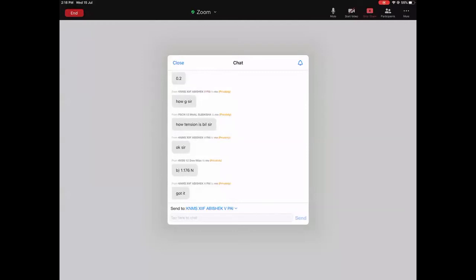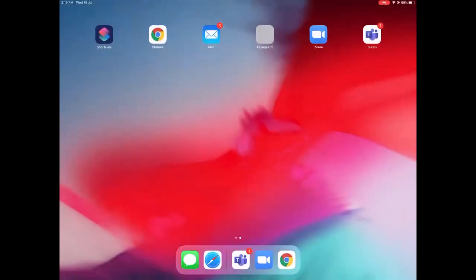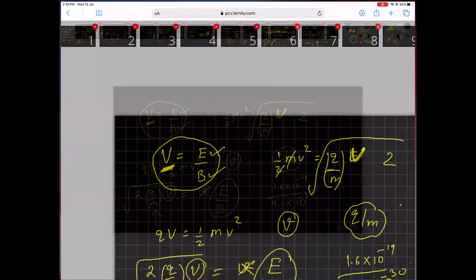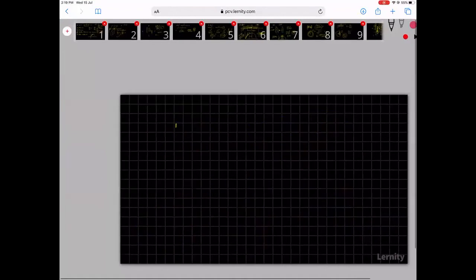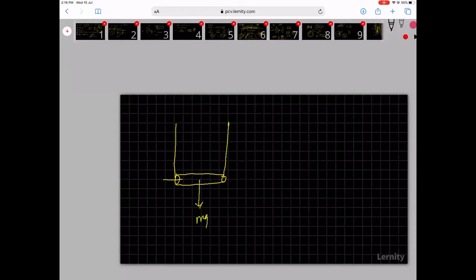Yeah, so Subiksha, did you get it? Now draw the diagram first. So when you draw the diagram, what do you have? You have one wire here, and then you have a rod. Now when you pass a current through it, if you want tension to be 0, the downward force is mg. So the upward force can only be BIL, the force on a current carrying conductor.